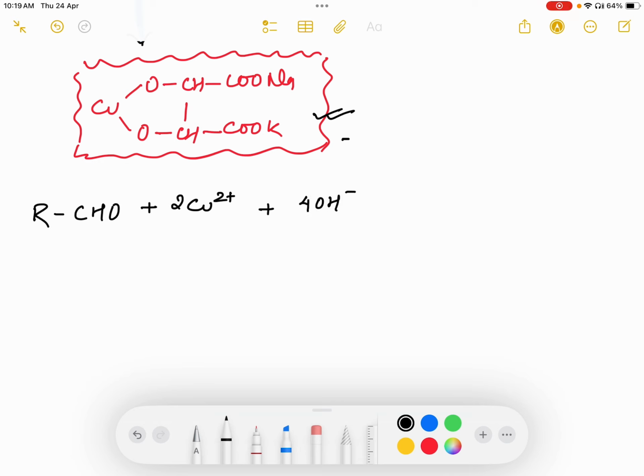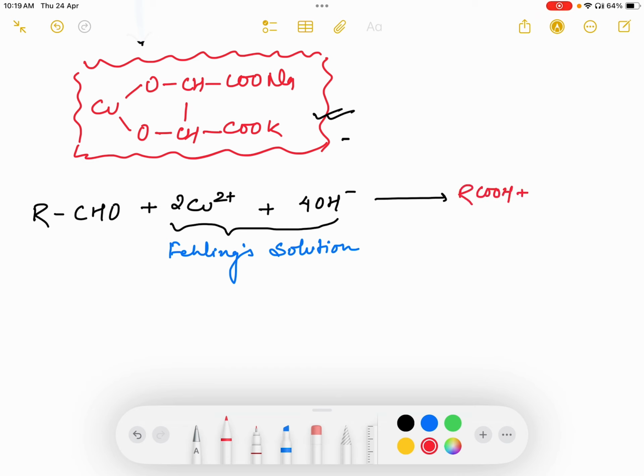So when it is treated with Fehling's solution, we get these ions from Fehling's solution. They will react together to give RCOOH along with the formation of Cu2O, which is a red precipitate, along with the liberation of water.